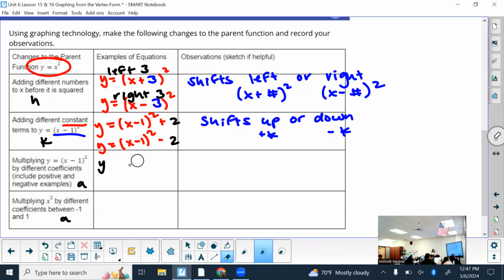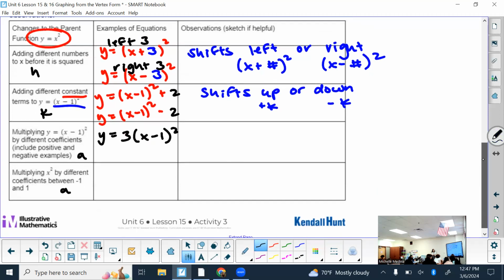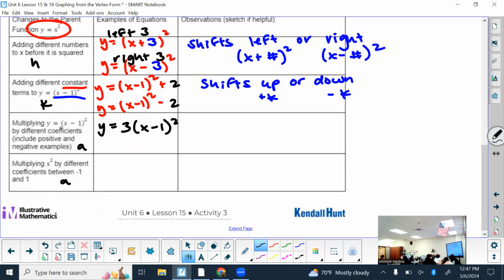Okay, so then they would have typed in something that looks like this. So we're changing the A each time. For some reason, they wanted you to add it to this expression. I suppose you could also do it to the parent graph and get the same effect. But when I times it by this, and let's do a negative example of that too, how does that change the graph?